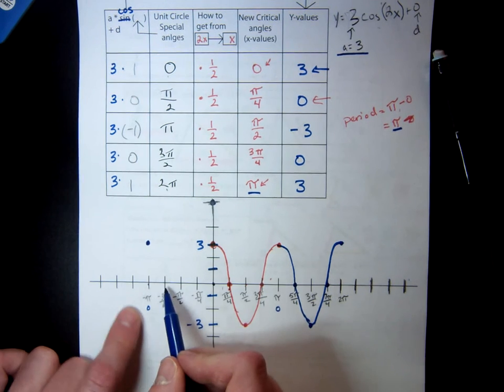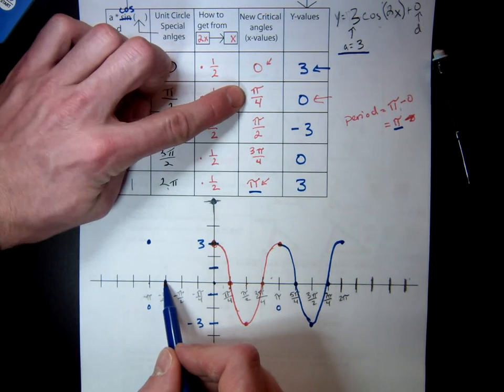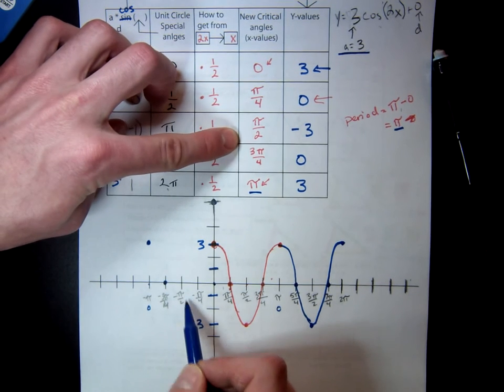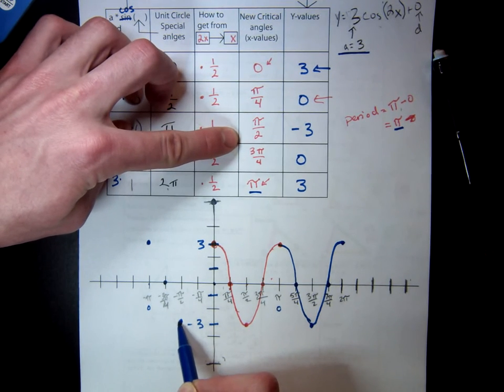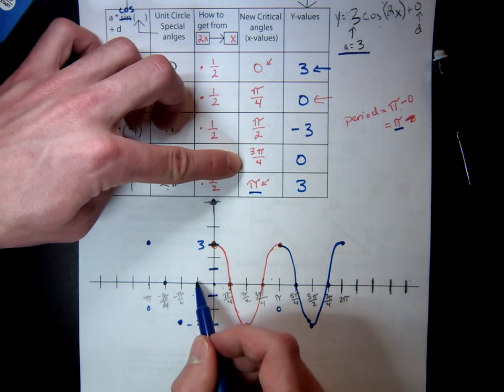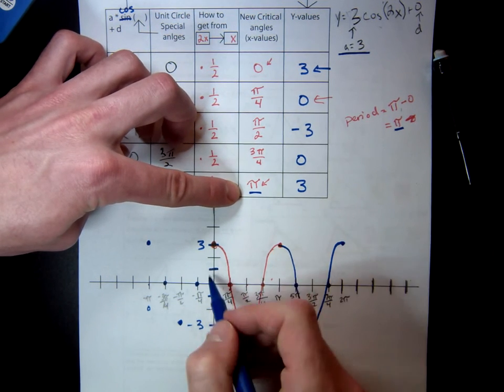Then I go over pi over 4, and I'm at 0. I go over another pi over 4, and I'm at -3. I go over another pi over 4, and I'm going to be at 0. And then I go over one more pi over 4, and I'm back to my starting point.